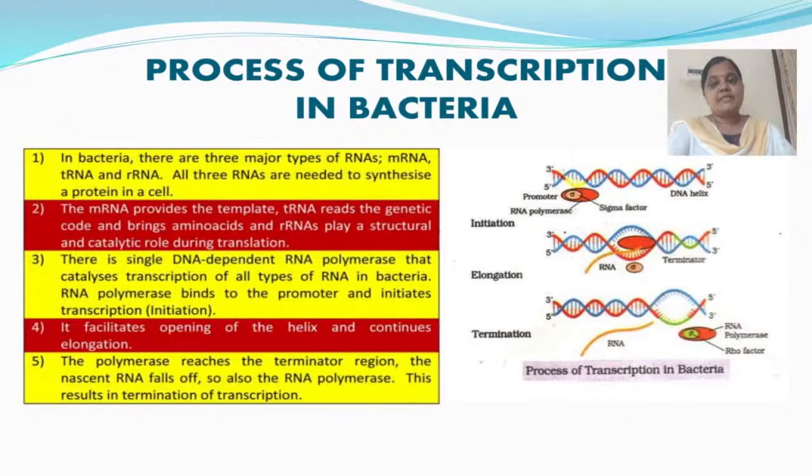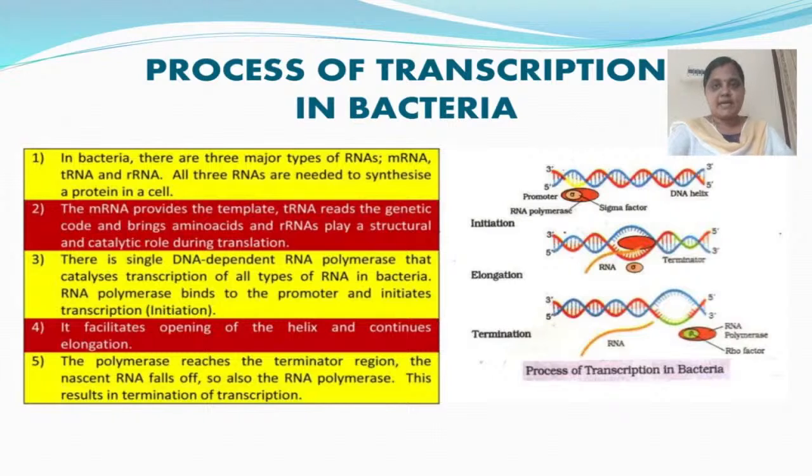In the previous slide I told you that RNA polymerase is of three types: RNA polymerase 1, RNA polymerase 2, and RNA polymerase 3. RNA polymerase 1 transcribes rRNAs, that is 28S, 18S, and 5.8S.